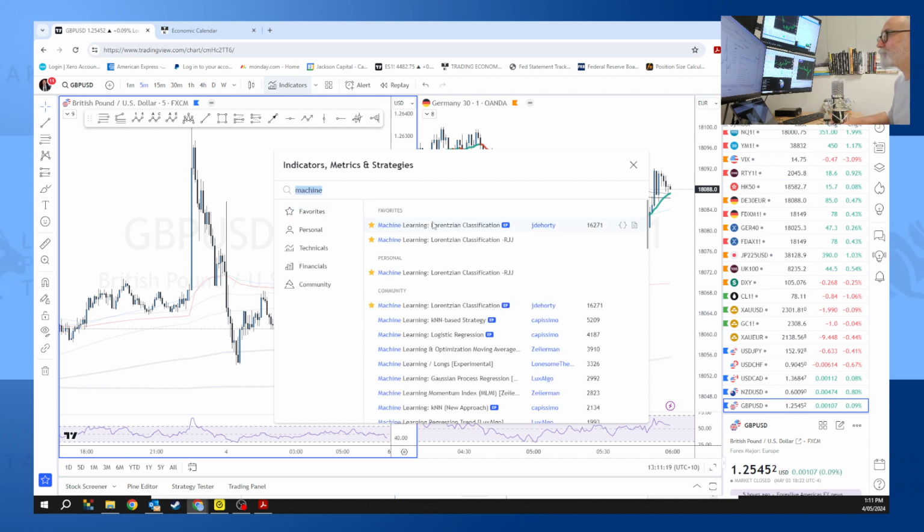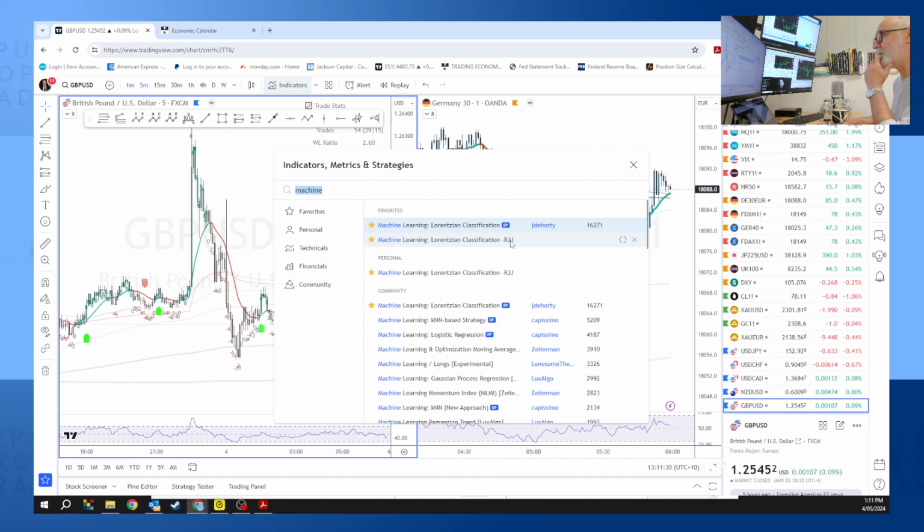There it is. I changed it a bit, but either one of them will be good. That's the RJJ, Richard John Jackson. You won't be able to get this because it's on my computer, I think. So we'll just use this one at the top, this J Doherty.